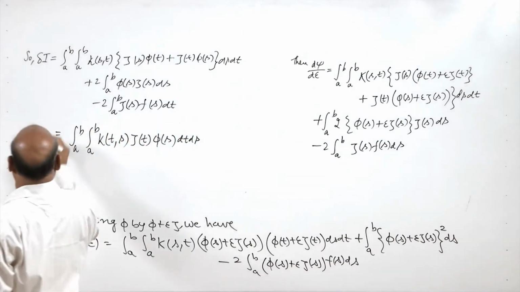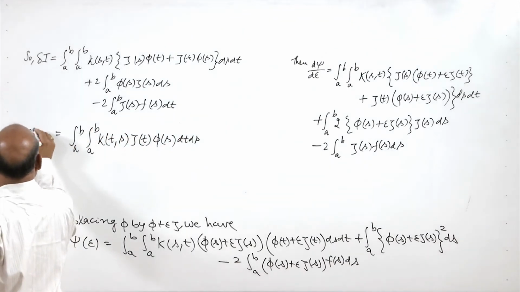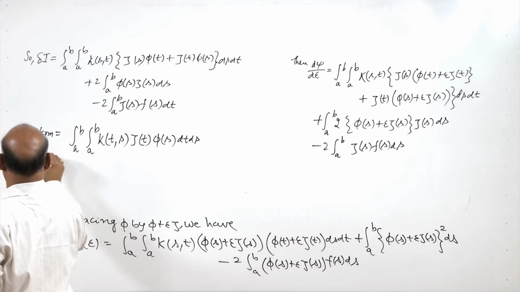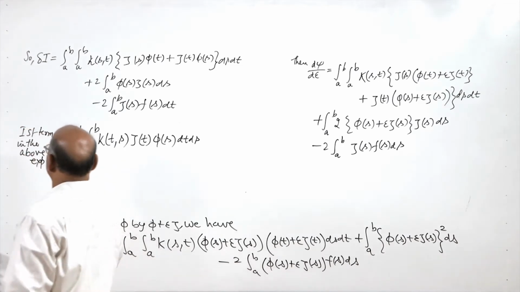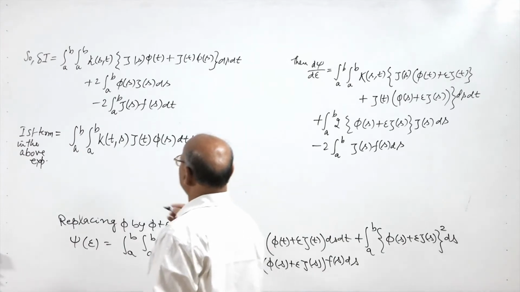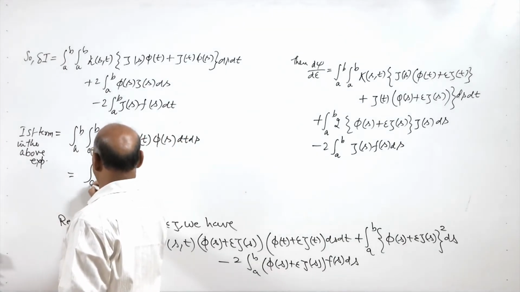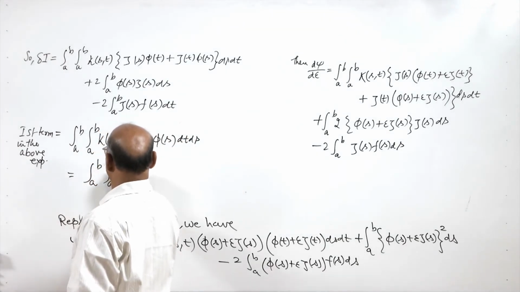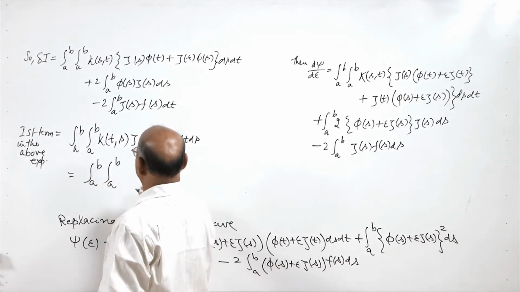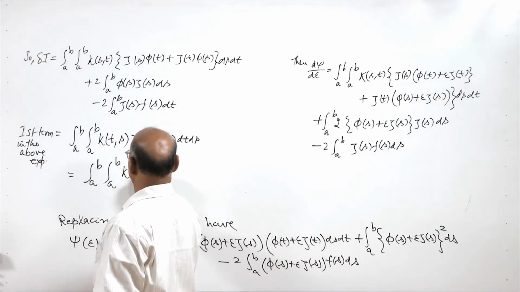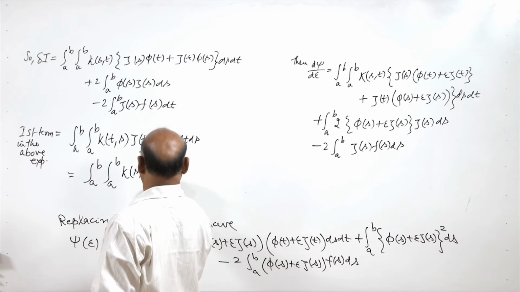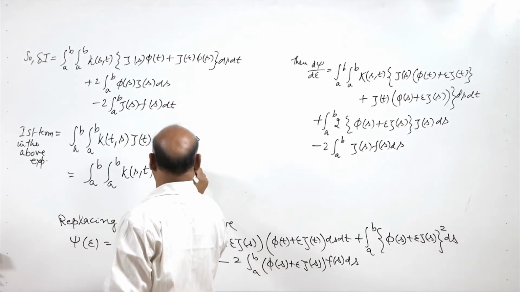This is the first integral, first term in the above expression. So this is nothing but integral a to b, k(s,t) is equal to k(t,s). So we can write k(s,t) into zeta(t) into phi(s).